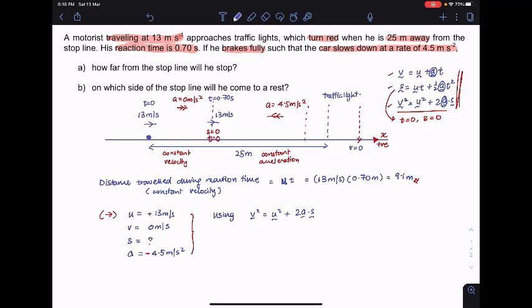Then what I will have is 0 squared equals to u squared, which is 13 squared plus 2 times minus 4.5 times s. So substituting and then rearranging it, what I will have is s to be 18.8 meters.